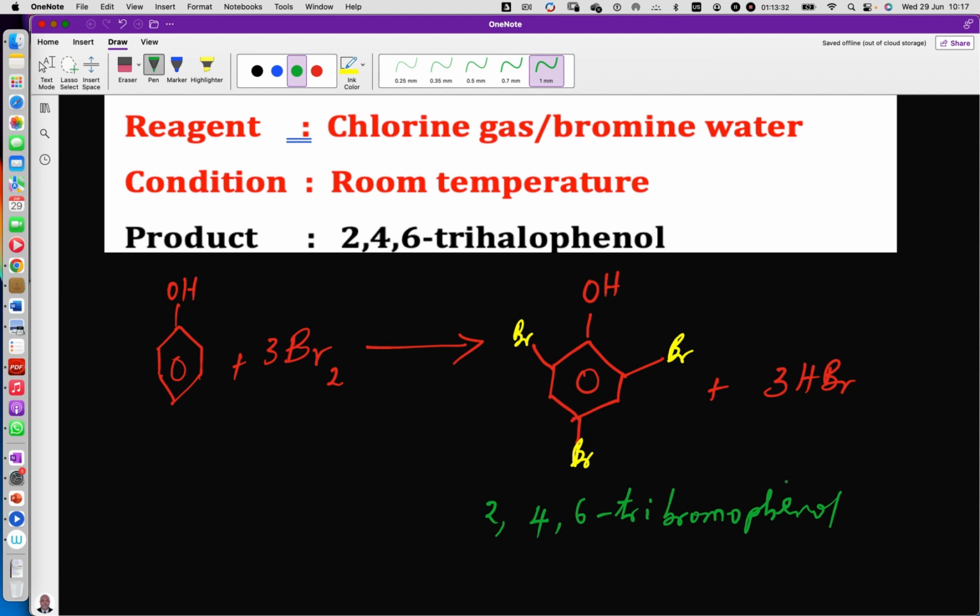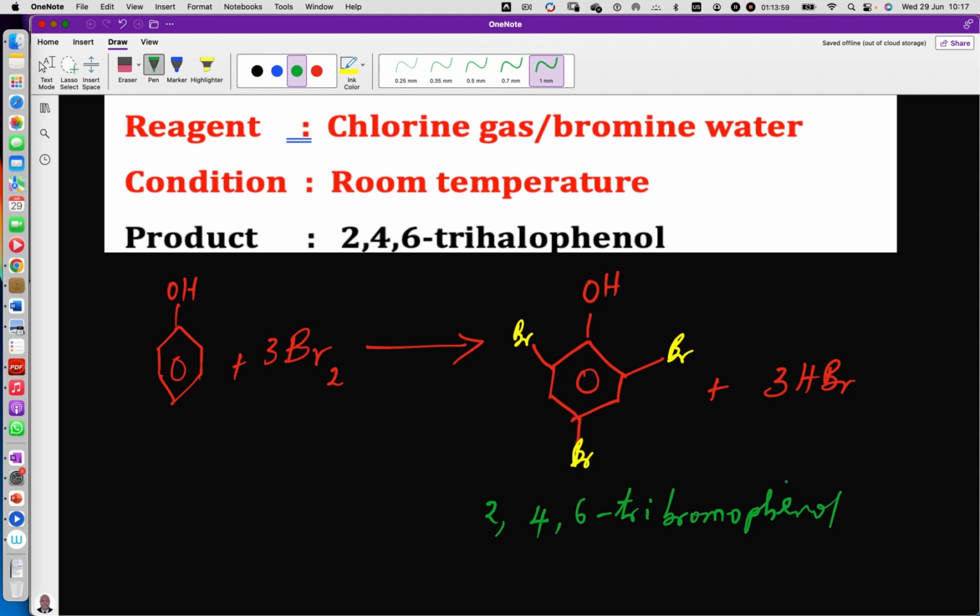So if you were in the lab and you were given phenol under room temperature to react with liquid bromine, your observation will be the reddish brown color of bromine.